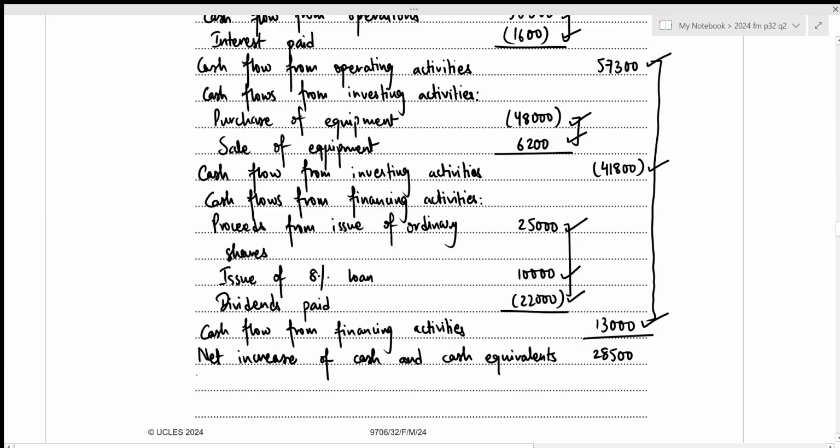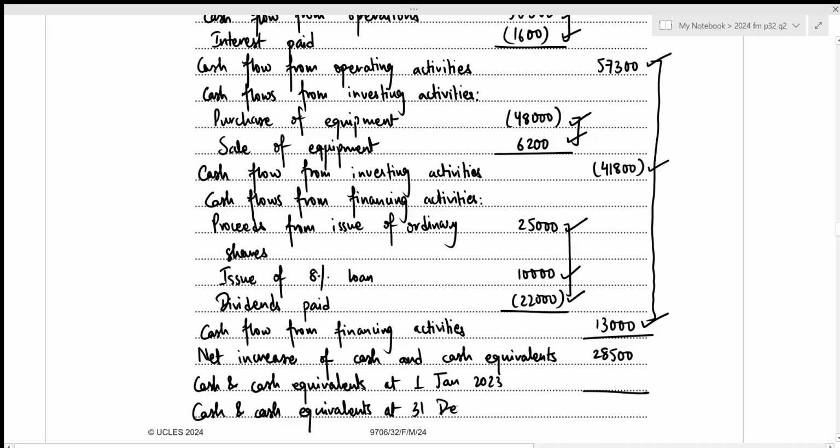The next thing we need to do is add the opening cash and cash equivalents. So cash and cash equivalents at the opening date is 1st January 2023, and then we can get the closing cash and cash equivalents, and our closing date is at 31st December 2023.